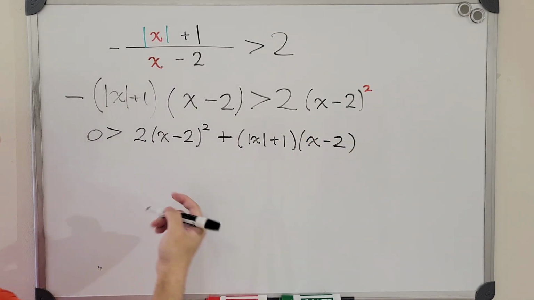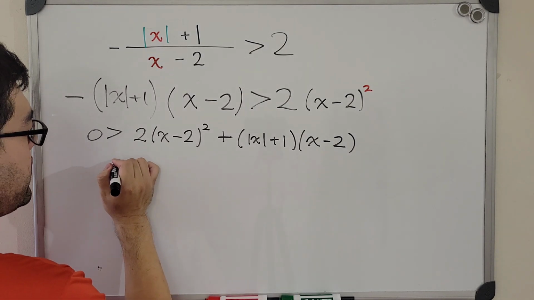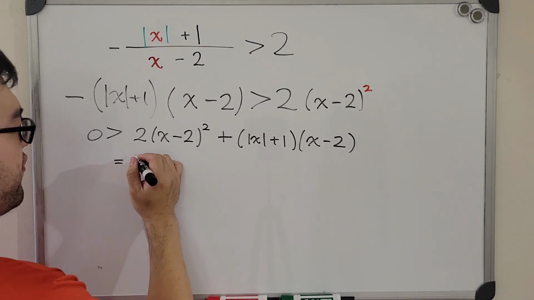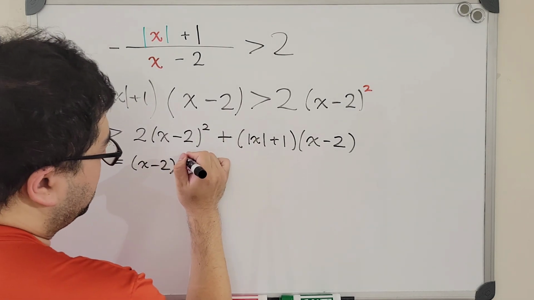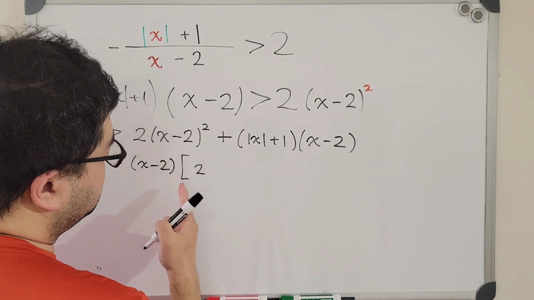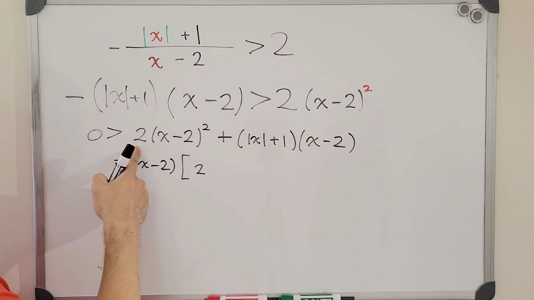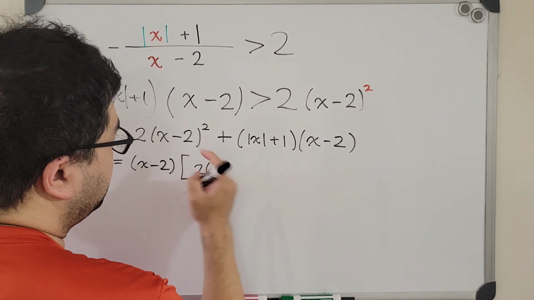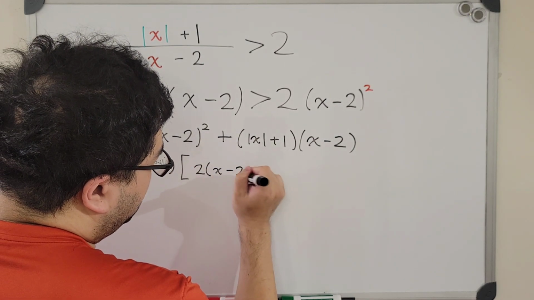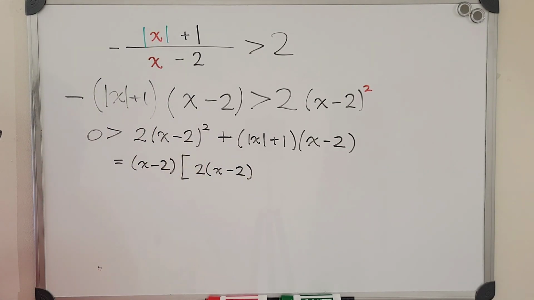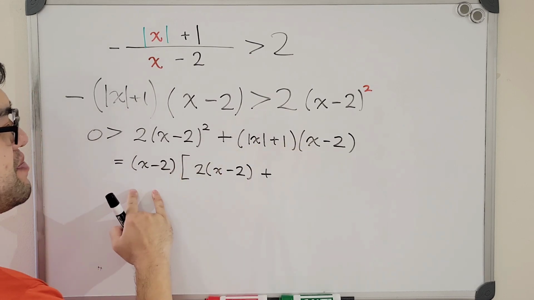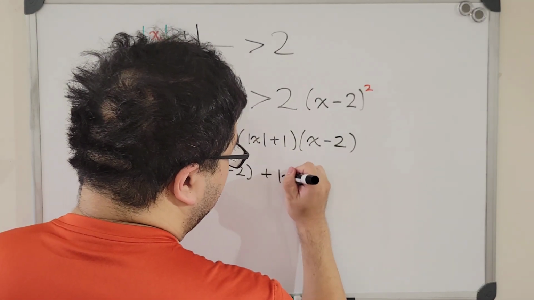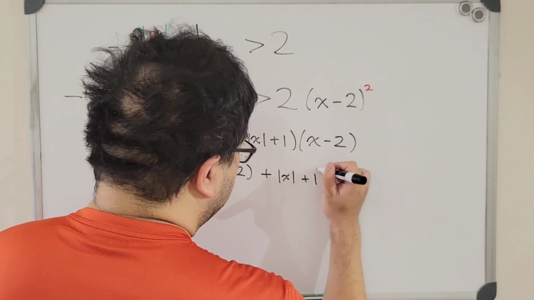And now, of course, on the right hand side, we can factor out one copy of x minus 2 to leave us the first term, which is 2, the coefficient, times one copy of x minus 2 that is remaining, plus the second term. As we factor out the x minus 2, we just have absolute value of x plus 1.